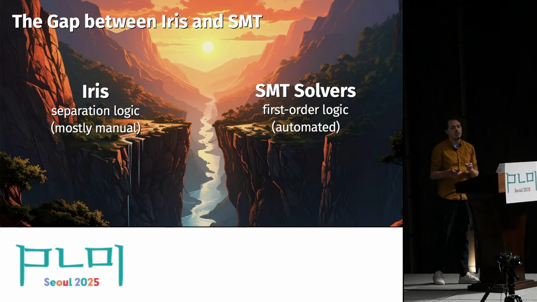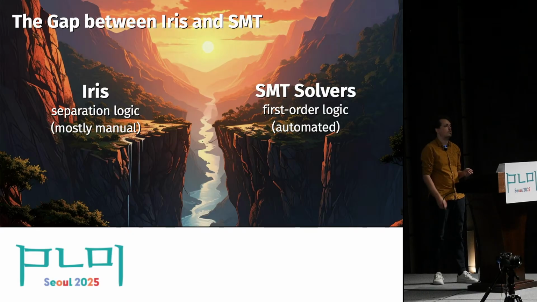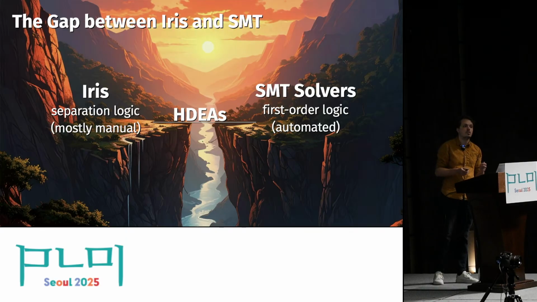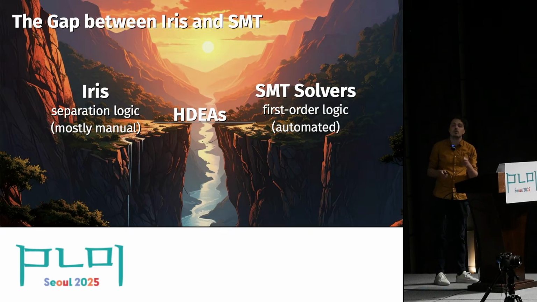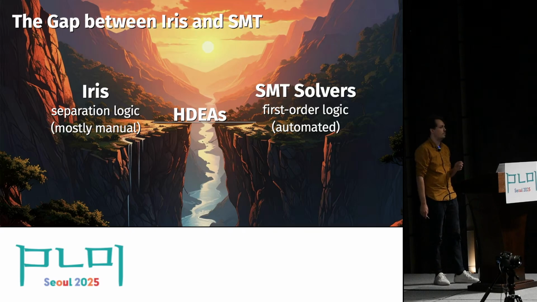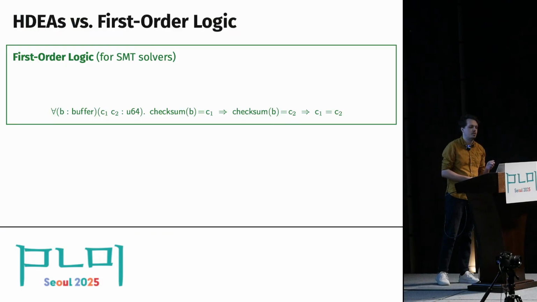SMT solvers, on the other hand, provide great automation, in particular for theories like bit vectors and integers, but they reason about first-order logic. And heap-dependent expression assertions are one nice way to bridge this gap. More specifically, they allow us to use SMT solvers to automate parts of an Iris proof. Let me explain in a little bit more detail how this works.